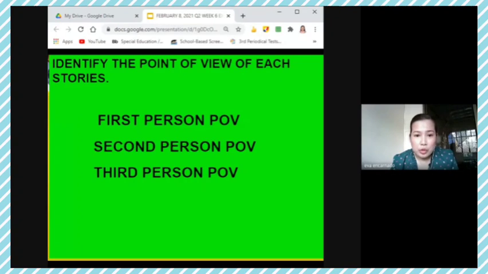You should be able to identify the point of view of each story that I am going to show you in less than 10 seconds. Makita mo na yung hint kung anong point of view yan. You don't have to read the story completely. Dapat makita mo na kaagad yung mga clues and hint na what kind of point of view yan.